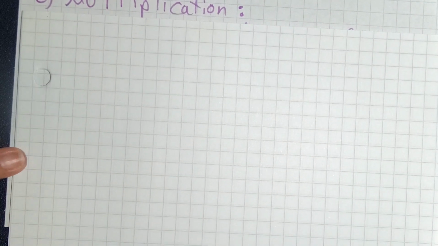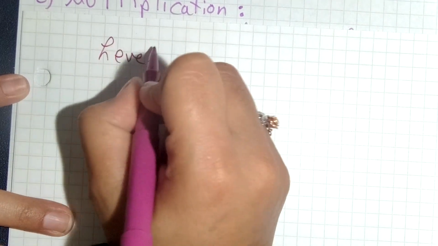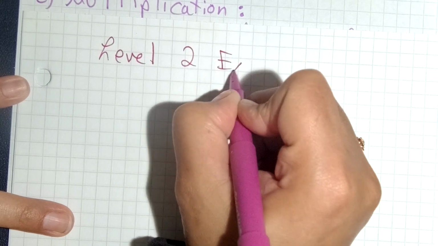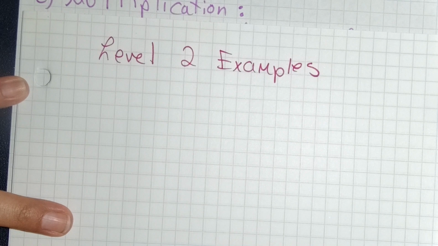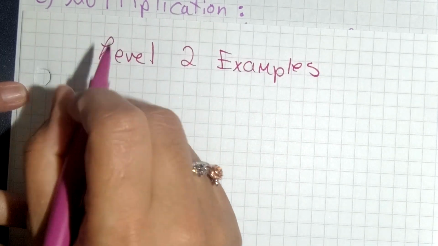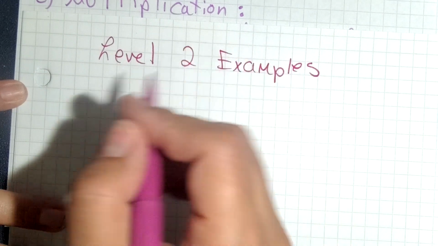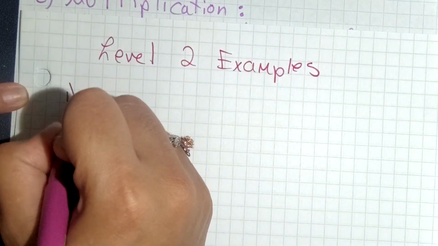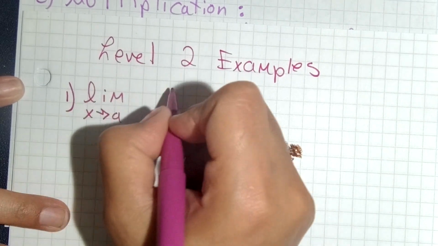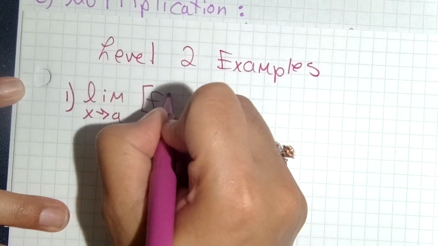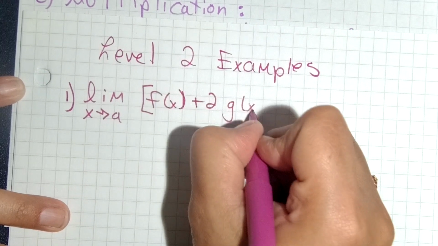All right, so let's look at level 2 examples. I'm not going to write down the given; you should have that in front of you. So number 1 says the limit as x approaches a of f of x plus 2 g of x.